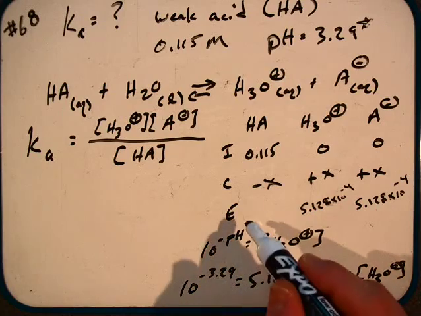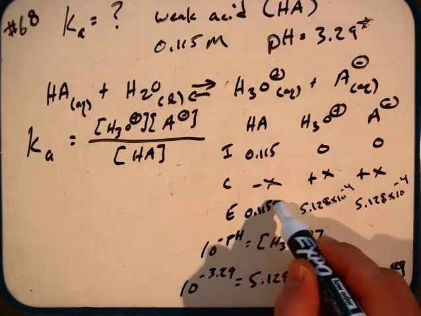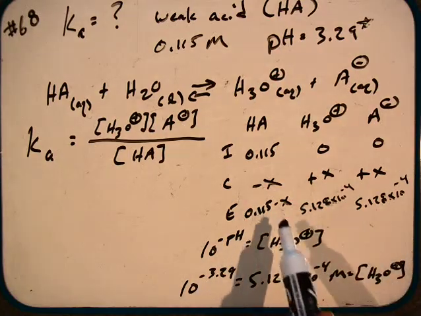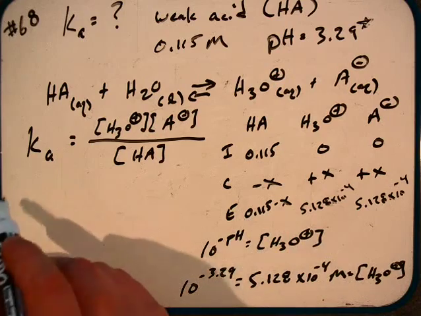And then we need to have 0.115 minus X. I kind of ran out of room there, but that's where that 5.128 should go, where X is. And so I'll write that over here.